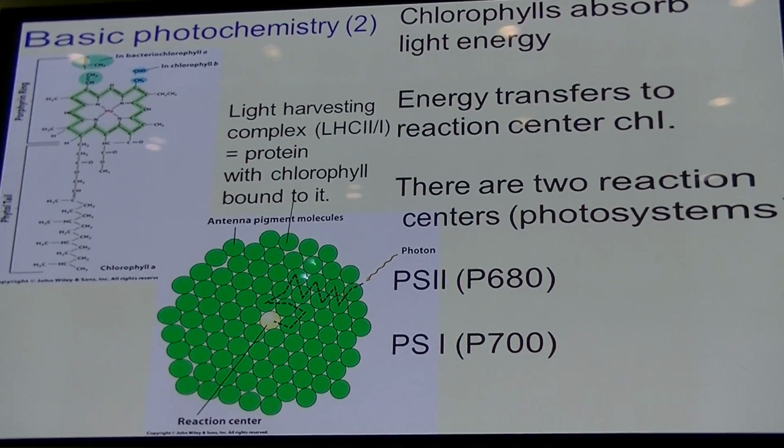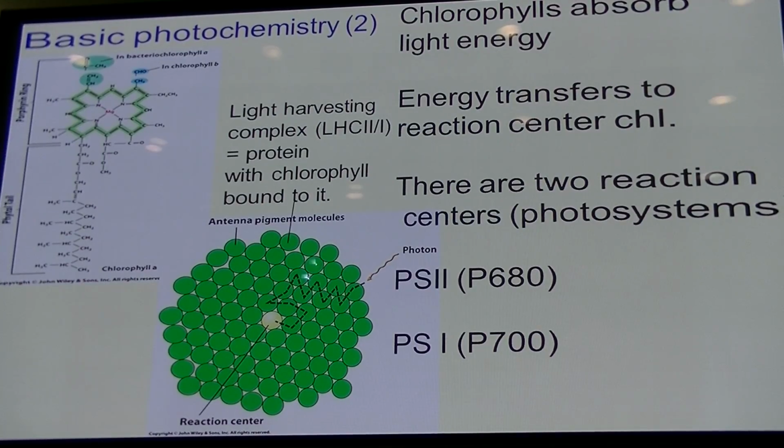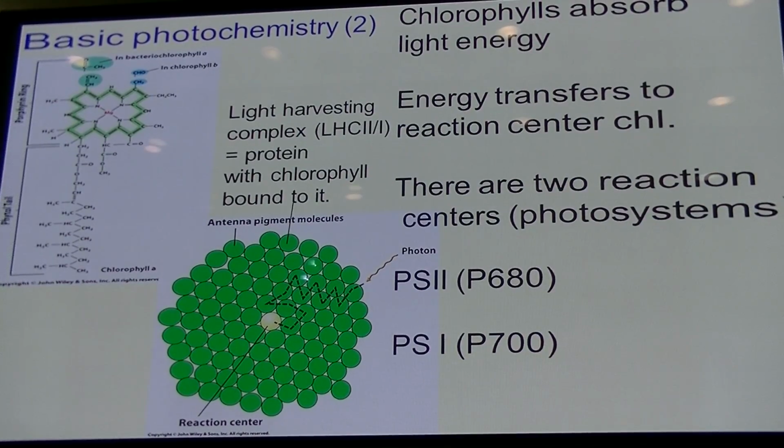You can think of that as an electron moving further away from a nucleus. But in chemical physical terms, we have to say the electrons take up an orbital that corresponds to a higher energy level. So when a photon of light hits this chlorophyll molecule, an electron can become excited.